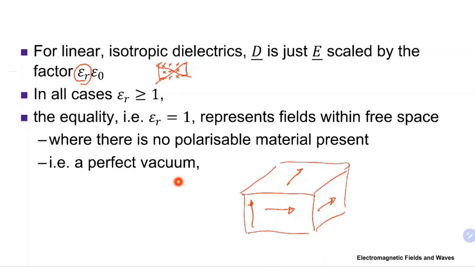But we normally treat air, the atmosphere, as 1 as well, because it's quite close to a perfect vacuum scenario. So in the atmosphere, we treat epsilon r as 1. It's not actually exactly 1, but it's good enough for us to treat it as 1. To be absolutely 1, we are talking about perfect vacuum.